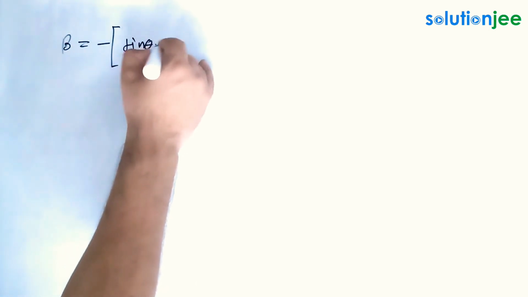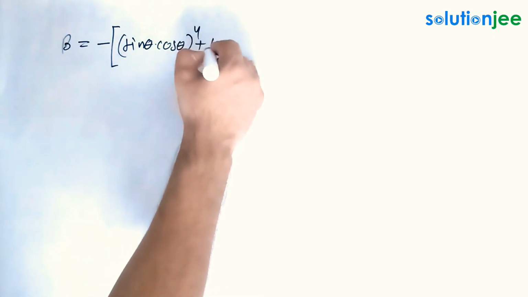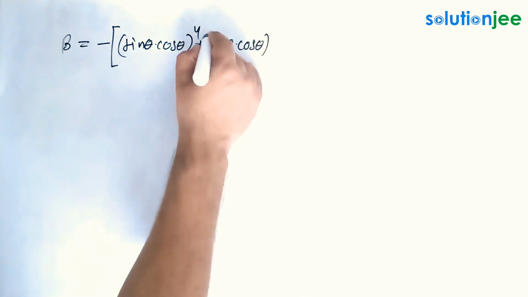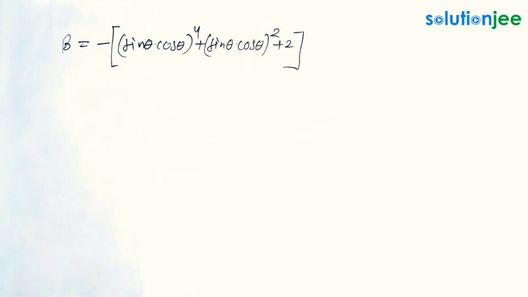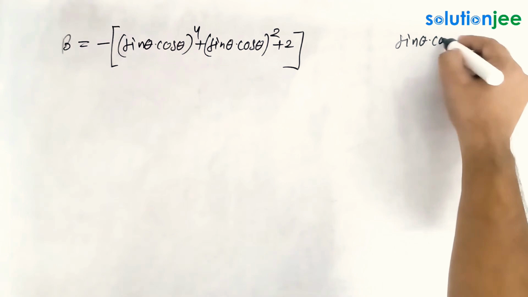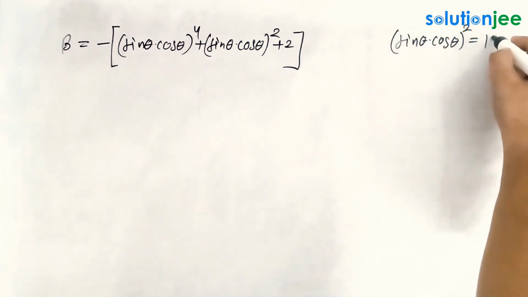So from here we get beta, which is equal to sin theta cos theta whole power 4 plus sin theta cos theta whole power 2 plus 2. Suppose sin theta cos theta whole power 2 is equal to k.